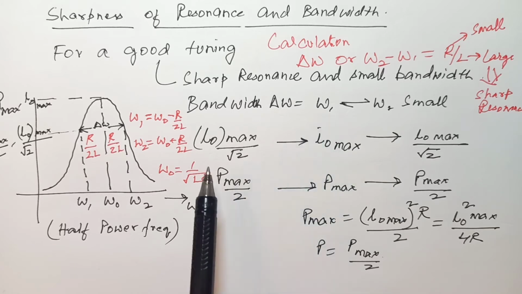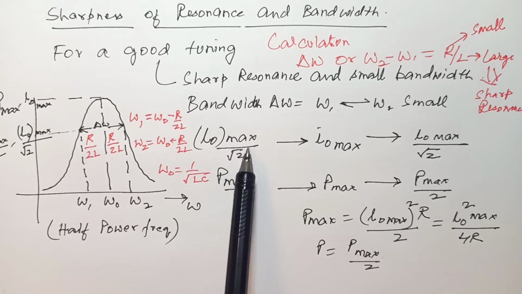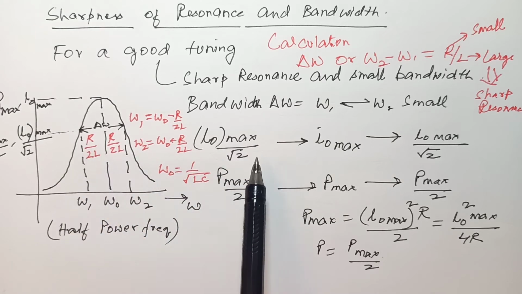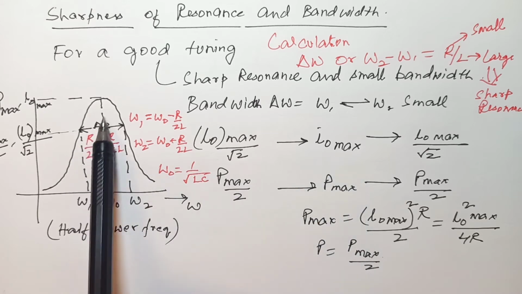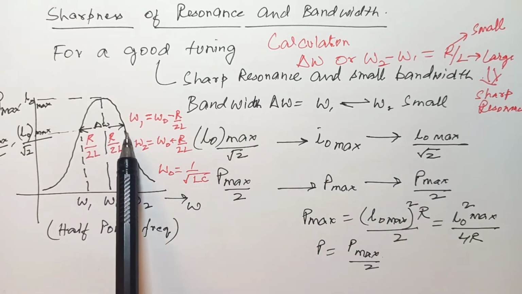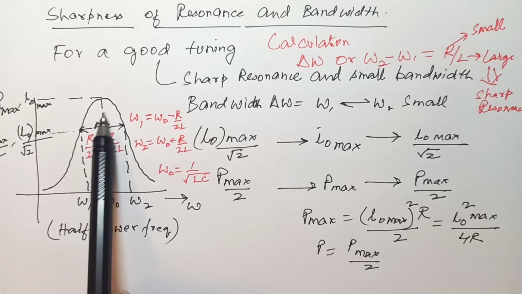So at W1, it's I naught max by root 2 current, and then it reaches I naught max here, then it reaches I naught max by root 2 here. So only in this area is it large enough to be heard.